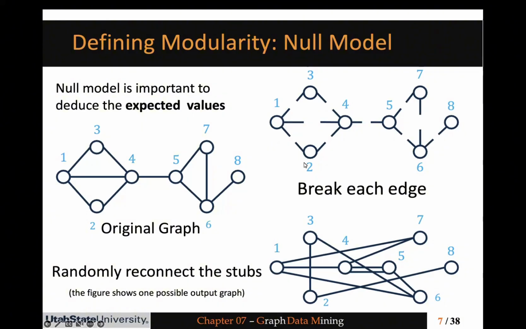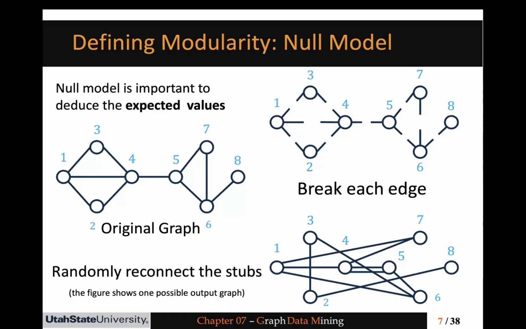If m is the number of edges in the graph, then we have 2m stubs. So if you use the same exact number of edges and keep the degree of every single node the same, because I kept one stub per node after breaking the actual edges that exist in the original graph, and you randomly reshuffle it.